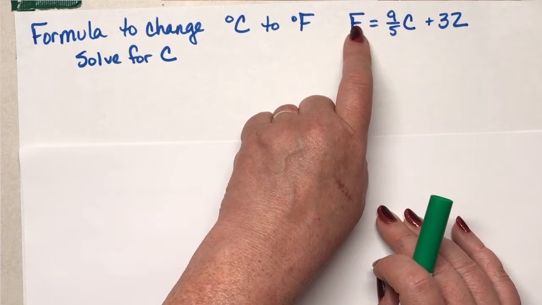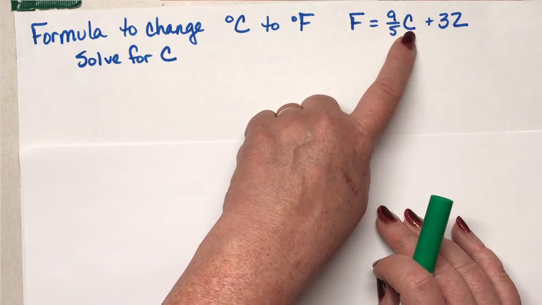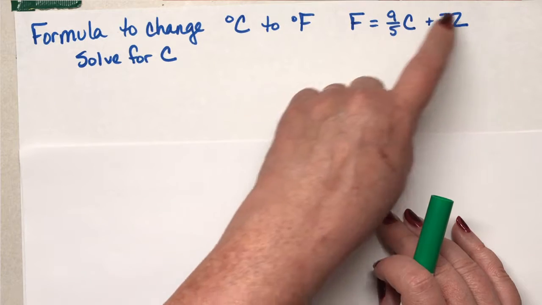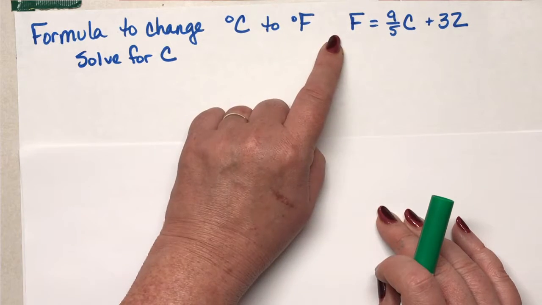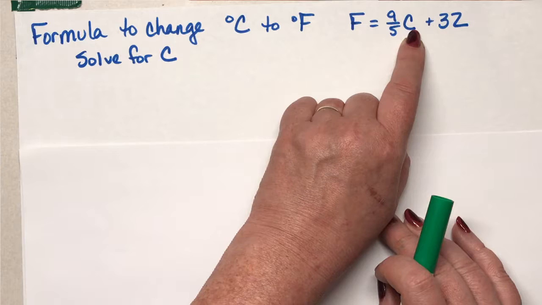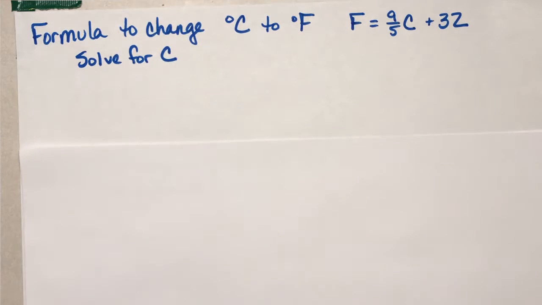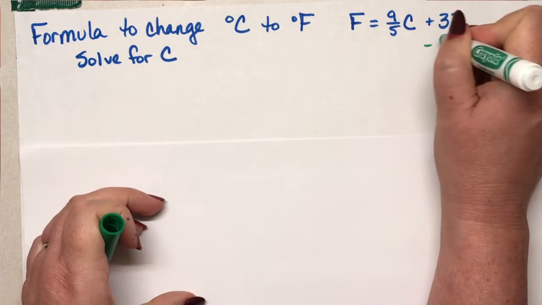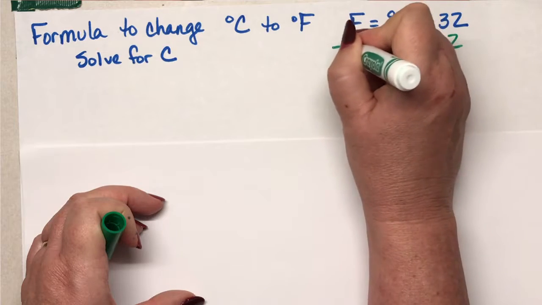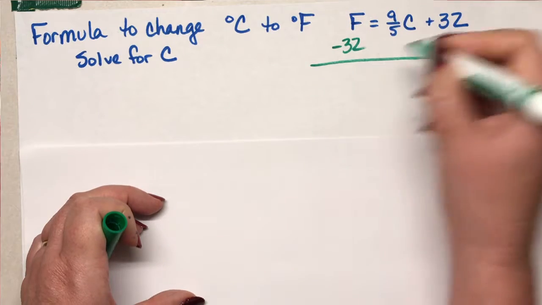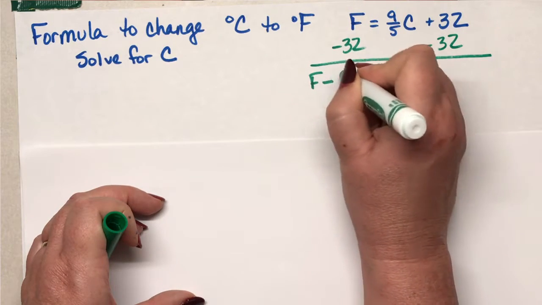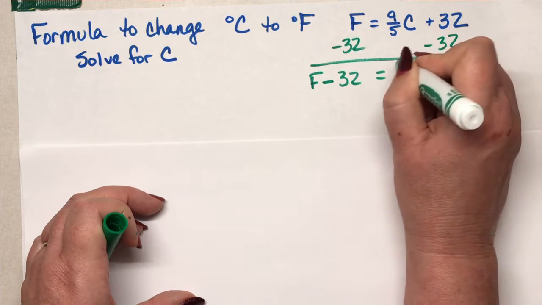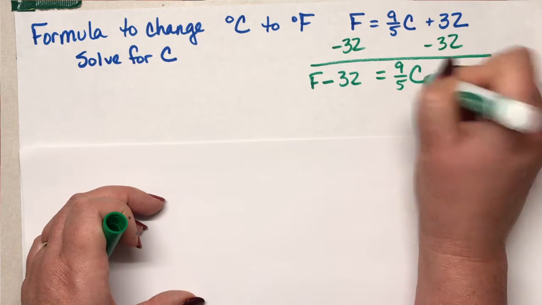What if I know Fahrenheit and I want to get Celsius? Well, I have to get all these numbers to the other side of the equation to get C all by itself. So I'm going to take this formula and subtract 32 from both sides, and I get Fahrenheit minus 32 equals 9/5 C.